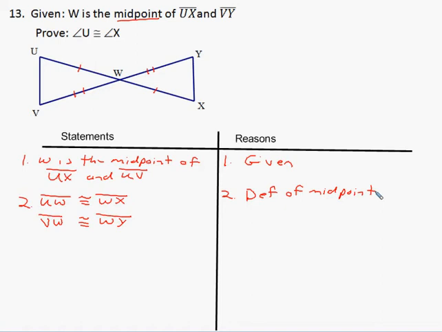By looking at this figure here, we see that we have these angles here. They're vertical angles. So anytime we have vertical angles, we know that vertical angles are congruent. So we can say angle UWV is congruent to angle YWX.